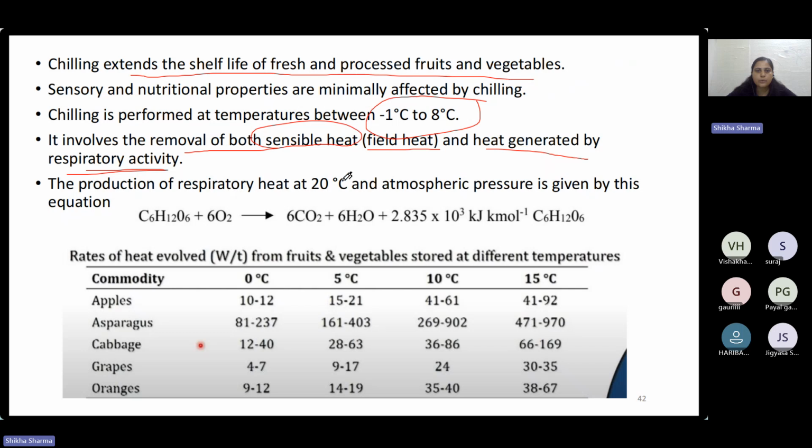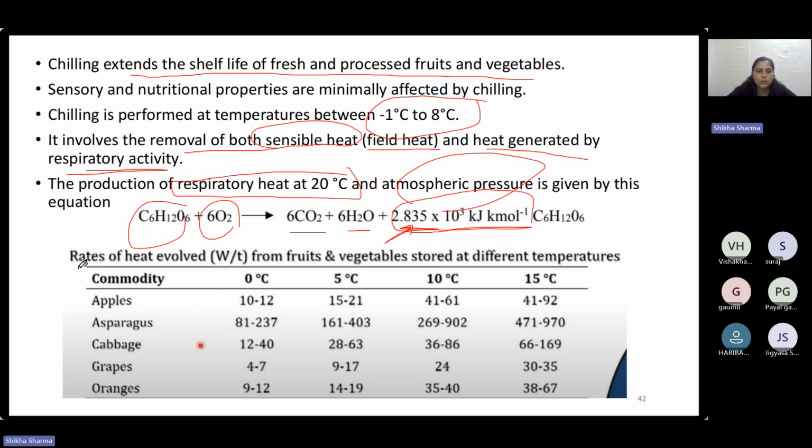The respiratory heat at 20 degrees Celsius and atmospheric pressure: glucose takes oxygen and is converted into CO2 and H2O, and some heat is generated. This heat is the respiratory heat, and when we are doing chilling, this respiratory heat is removed.